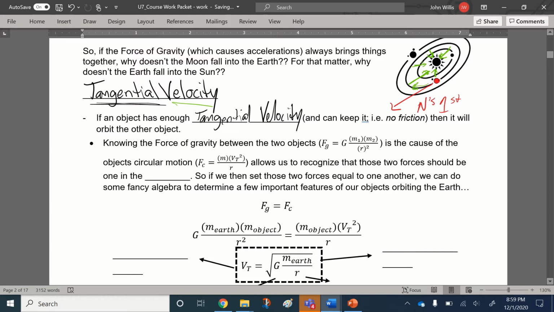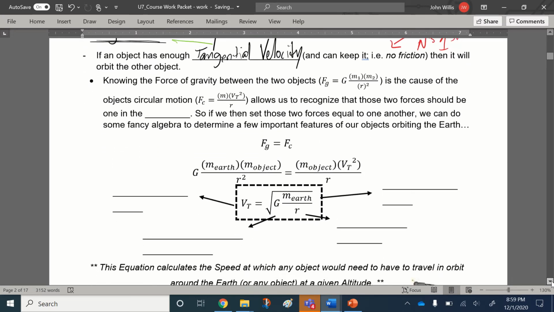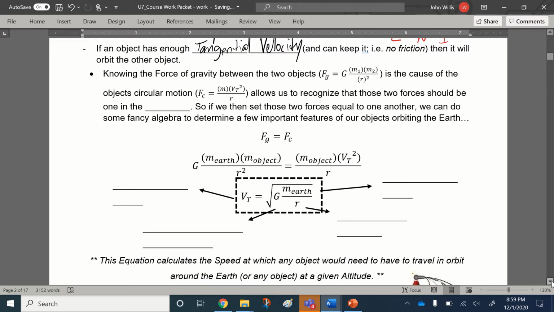And one of the things that we can do, and the book spends a whole page doing this with you guys, which is why I am doing it with you real quick, so that you didn't have to work your way back to it. This was an equation that we would have used in our last unit, Unit 6, but we had to gloss over that one real quick. The main idea behind just showing you this, right? This is still F equals ma. This was the centripetal version of our acceleration calculation.